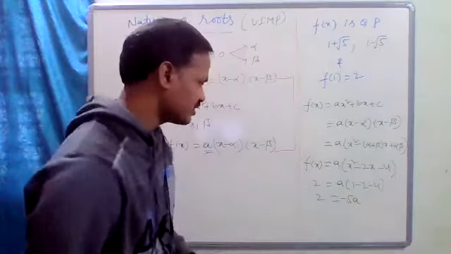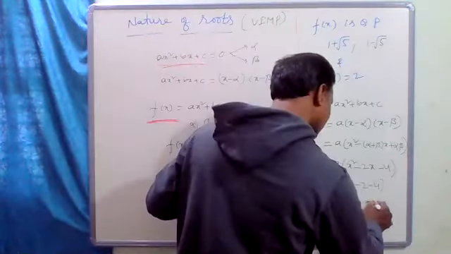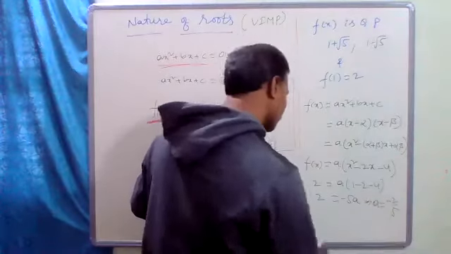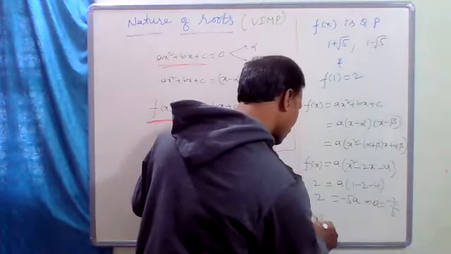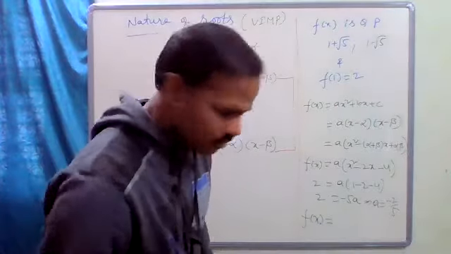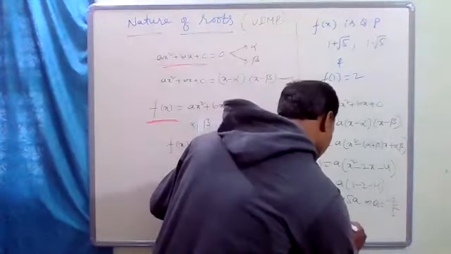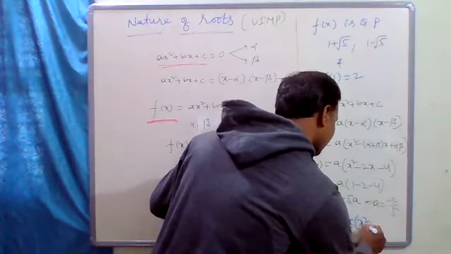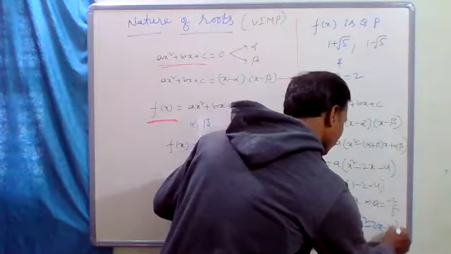This implies a equal to minus 2 by 5. So the polynomial is f of x equal to minus 2 by 5 into x square minus 2x minus 4.